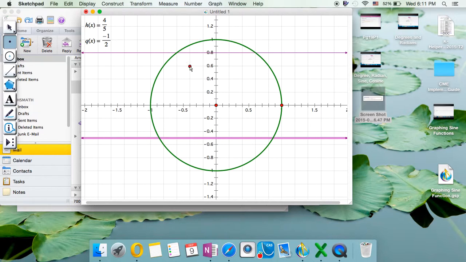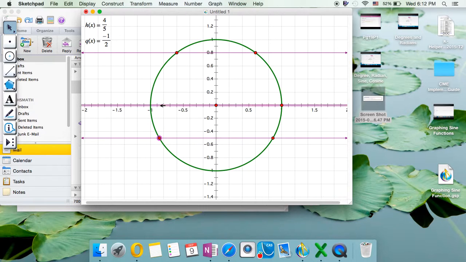So if you look at it, we have 4 solutions, right? So 4/5 and -1/2. So let's do this one first.